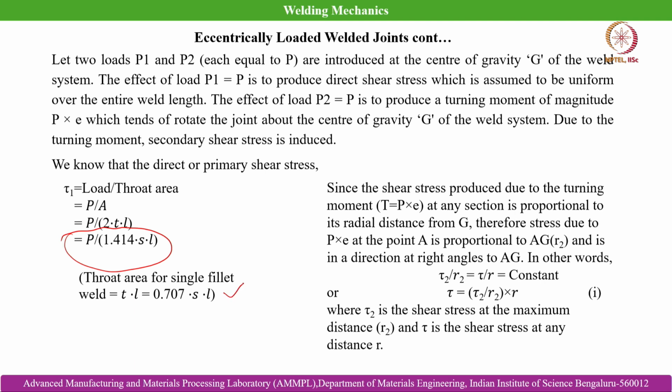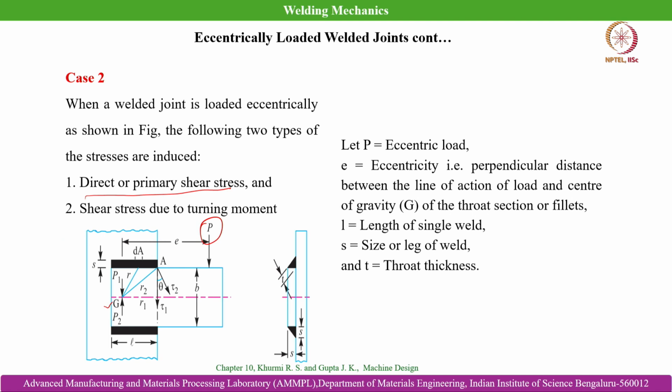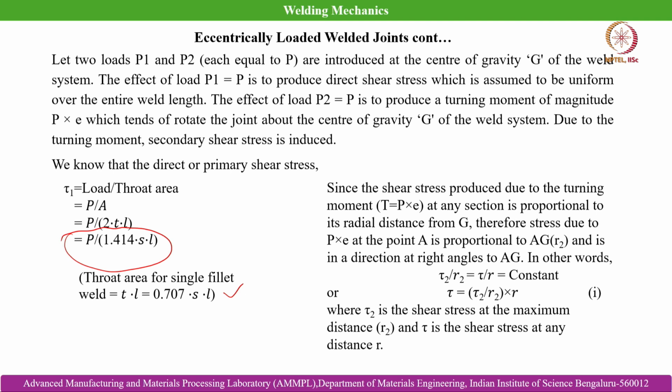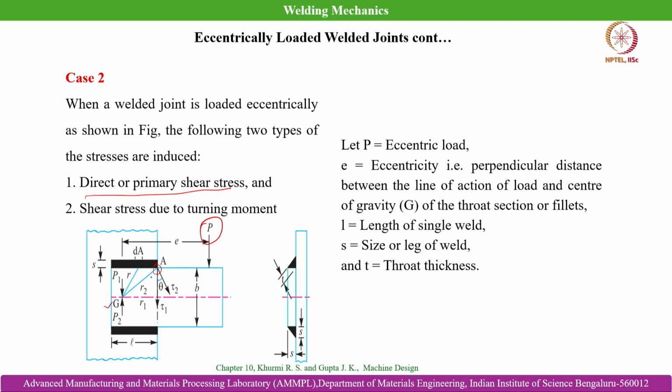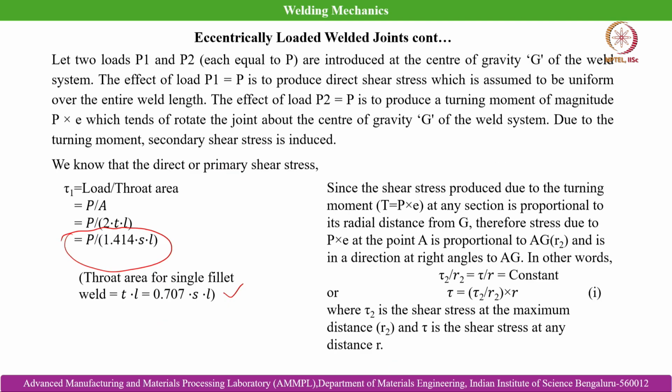And then since the shear stress produced due to the turning moment, that is T equal to P cross e, at any section is proportional to its radial distance from G, therefore the stress due to P cross e, the turning moment, at the point A, going back to this schematic, we are talking about this point A over the joint, the edge of the upper weld, is proportional to AG, where AG is equal to R2, the radial distance from the center of gravity of the weld joint, and is in a direction at right angles to AG.